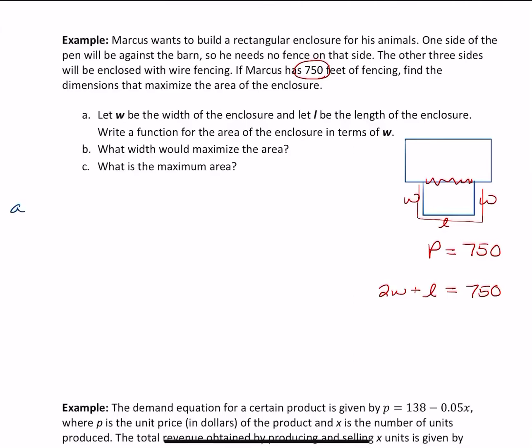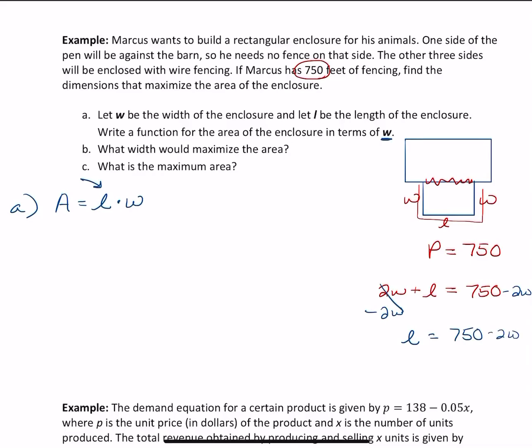So area for a rectangle is equal to length times width, but I want to just use it in terms of W. So I have to change my L into terms of W. I'm going to use this equation over here. If I solve it for L by subtracting 2W from both sides, I get L equals 750 minus 2W.